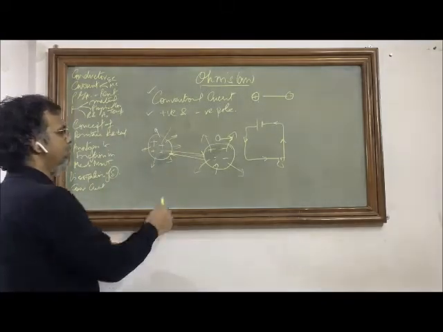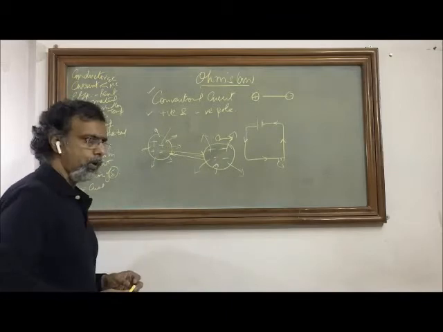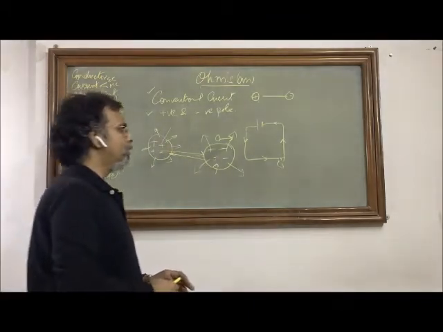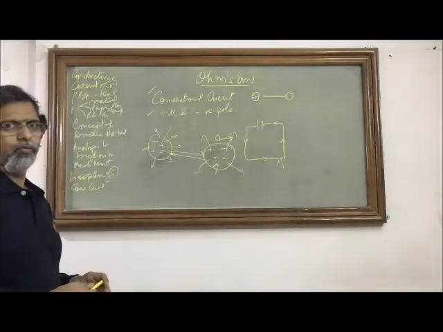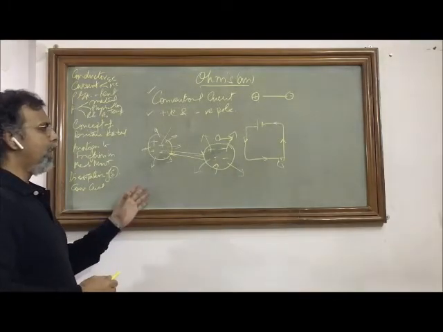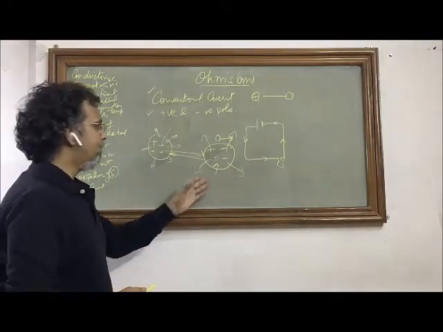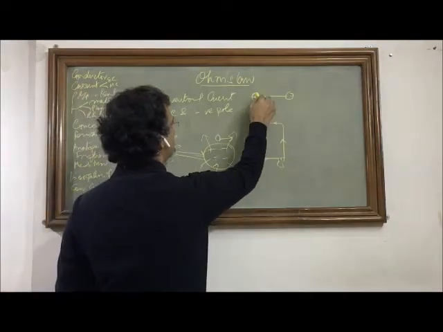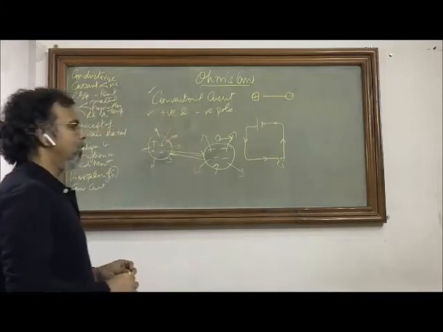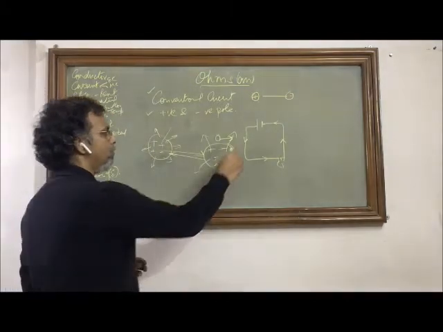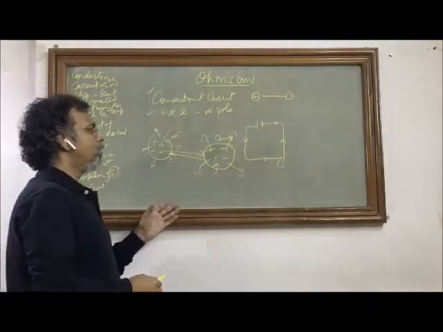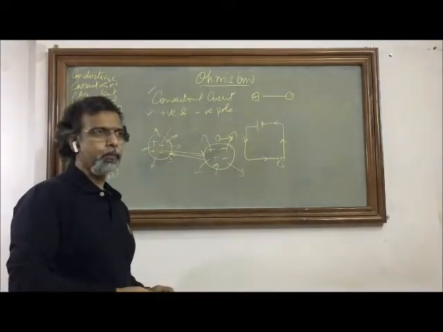However, conventionally we would say that there is a current flowing from positive to negative. So two poles in a system of charges make the charge flow in a direction which, by convention for the electric current, is given as positive to negative. And whenever we refer to a current flowing from positive to negative pole of the source, we refer to it as a conventional current.